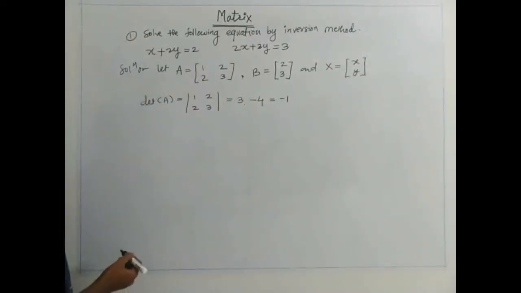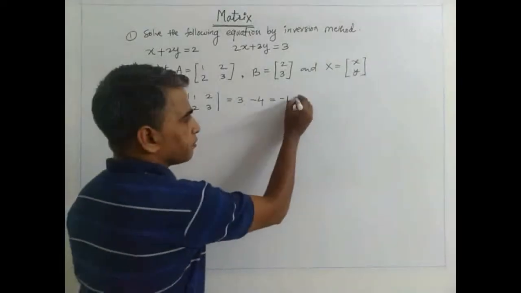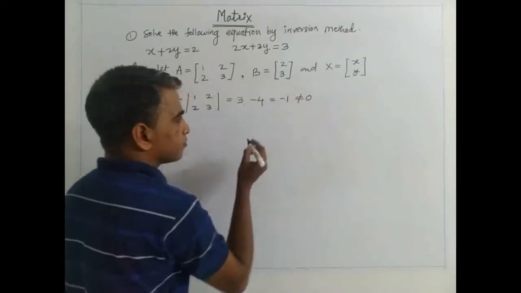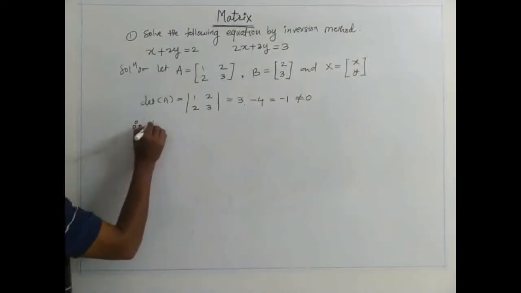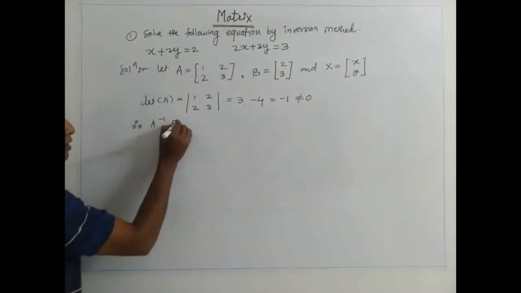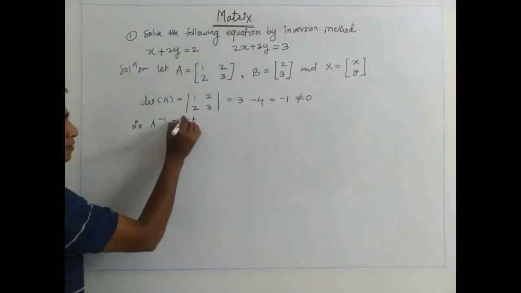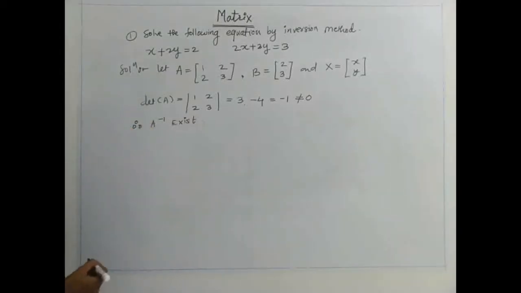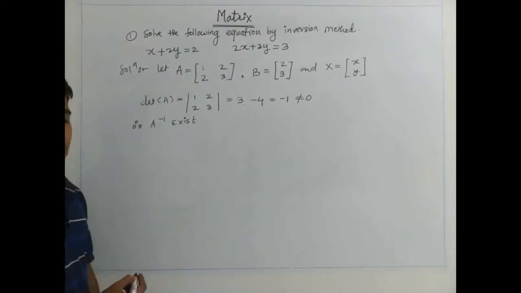Now minus 1 is not equal to 0, therefore A inverse exists. So we are finished with checking that A inverse exists.